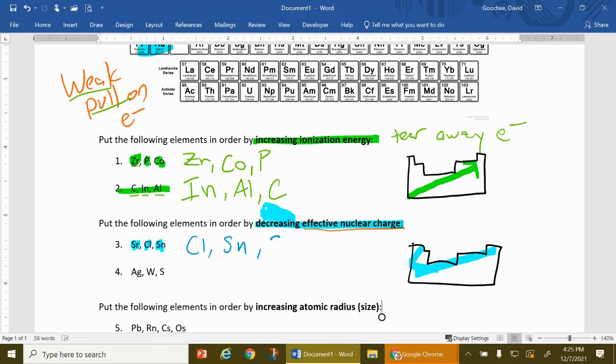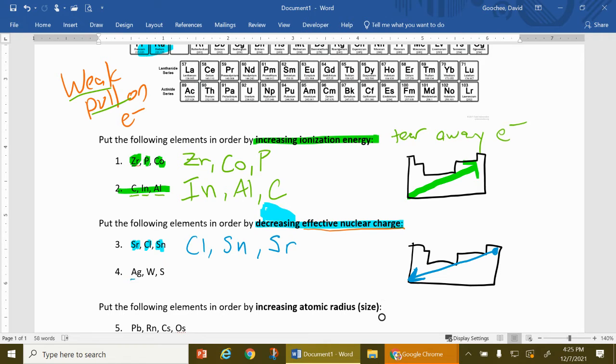Chlorine is the strongest, tin is weaker, and strontium is weakest still. All right, so that is decreasing effective nuclear charge, again going from the top right to the bottom left for this trend.